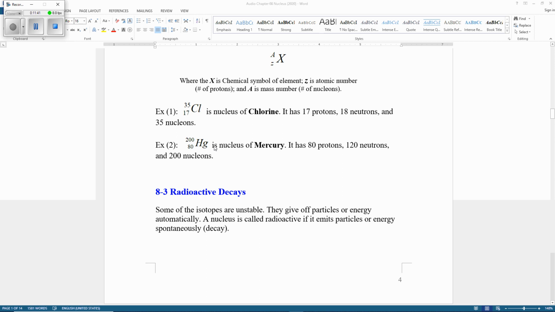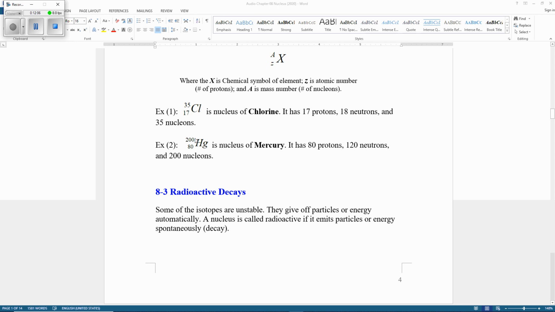Now, second example. This is mercury. Again, if you have a periodic table, you check number 80, then you find the name is mercury. Now see the number on the left side, the bottom is 80, which tells you 80 protons. The 200 tells you the number of nucleons.